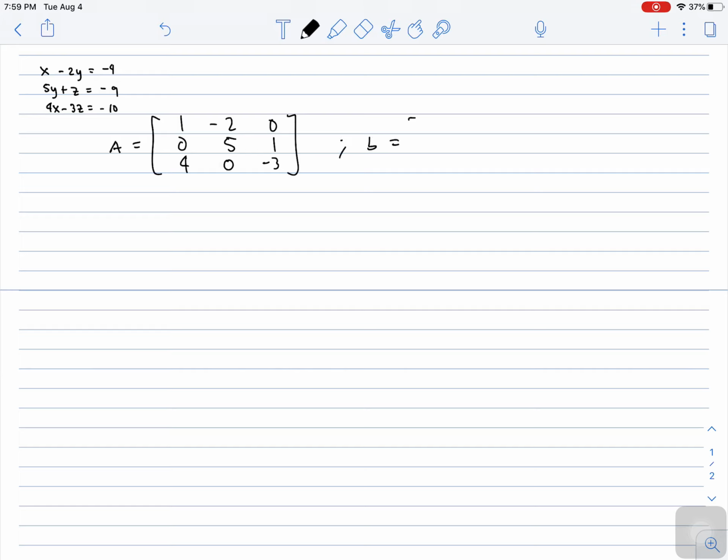Our constant vector is negative 4, negative 9, then negative 10. So, the augmented matrix is 1, negative 2, 0.